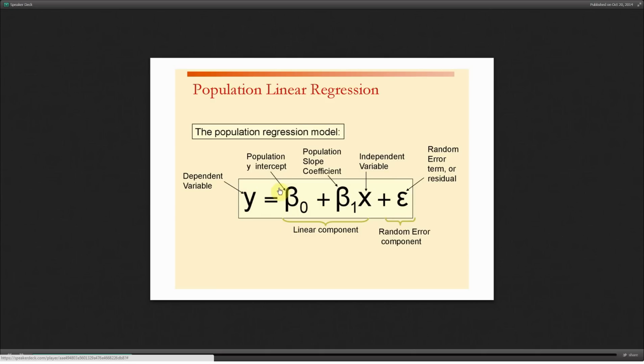Now, of course, we don't actually have access to the population in general, so the best we can do is estimate the intercept, beta 0, and the slope, beta 1. We don't need to estimate the error, but we just need to know how it's distributed. It's going to be random error, and we have to understand how those random errors behave. We just need to know maybe the mean and the standard deviation.